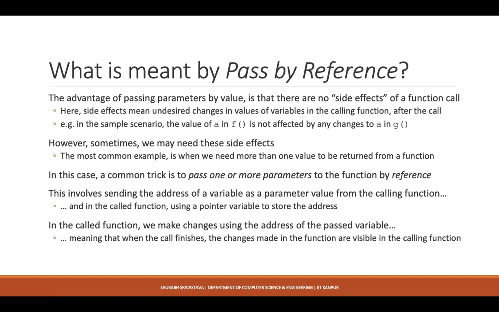Now in the called function, whatever changes we are going to make using this particular pointer variable, those changes are going to be at the same location where the variable in the calling function was residing. So this means that whatever changes I make in the called function will be visible in the calling function.